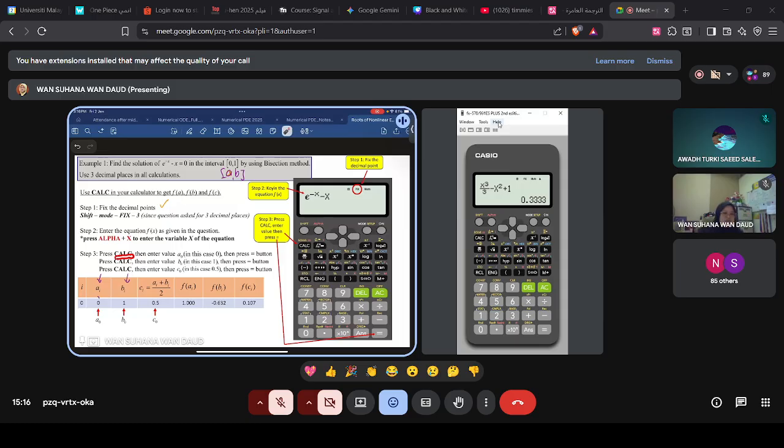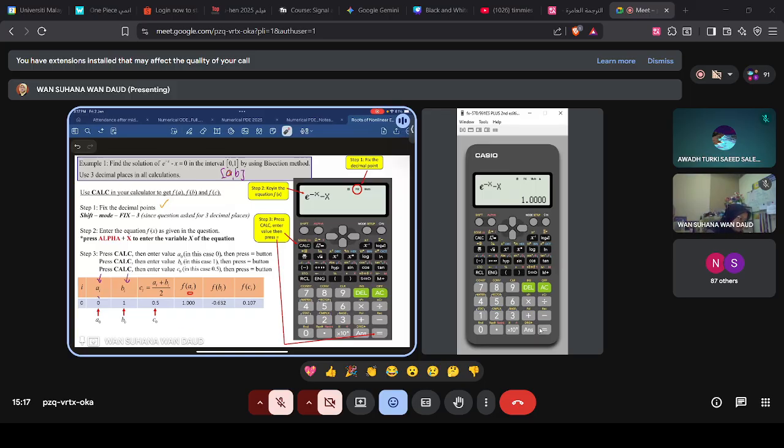Now you can use your calculator. In this case, the function on my screen is exponential negative x, minus x. I press CALC and find the value of f(x) when x equals 0. I get 1.